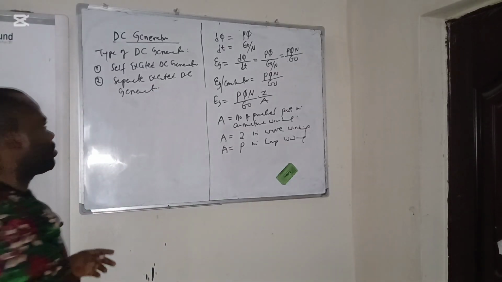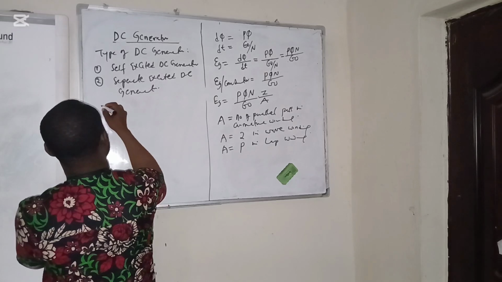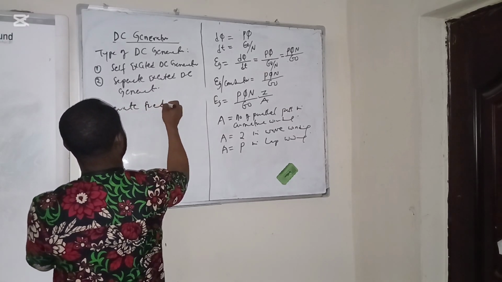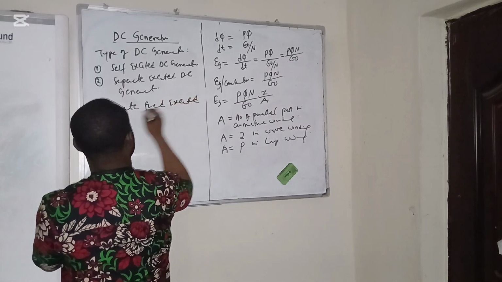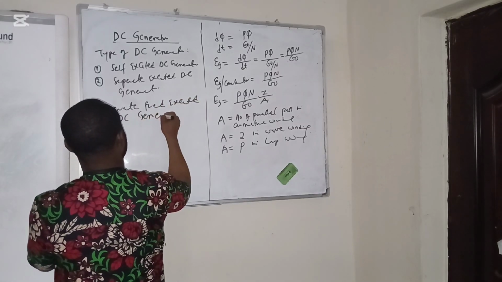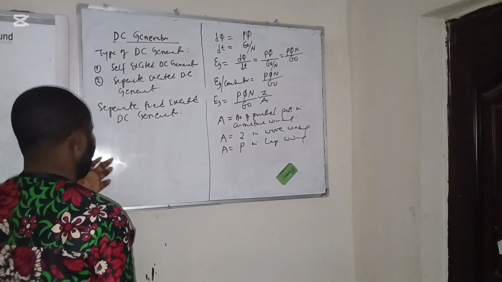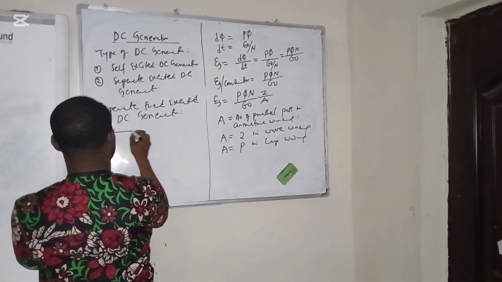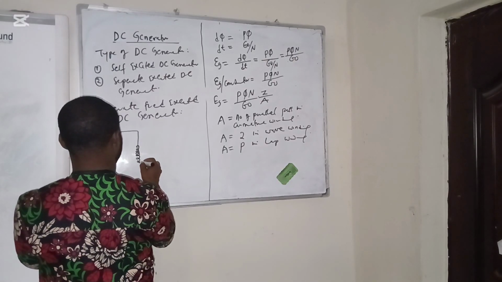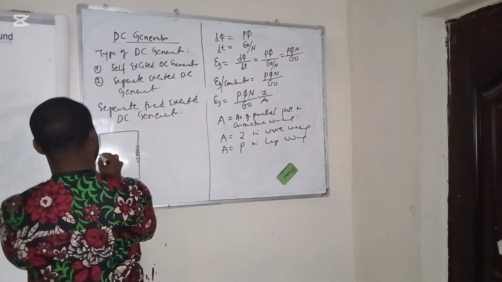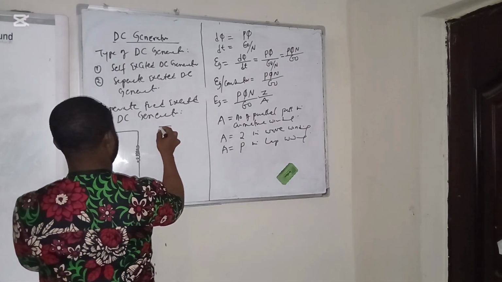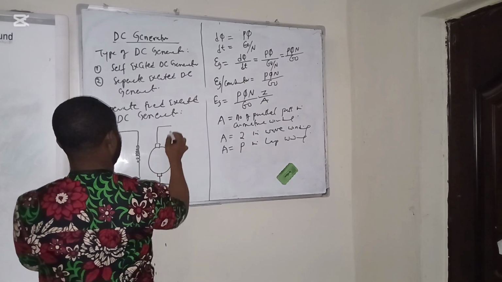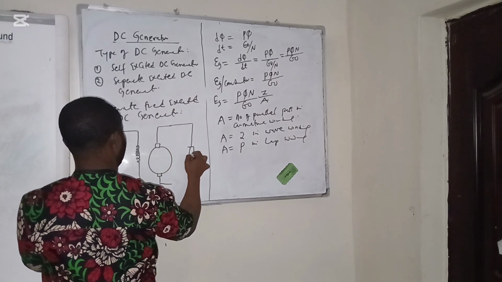So let's take a look at the separately excited DC generator. We want to demonstrate this using a diagram, so we can have something like this, the field windings that will give us this, and this will be with the armature, which will have the load.